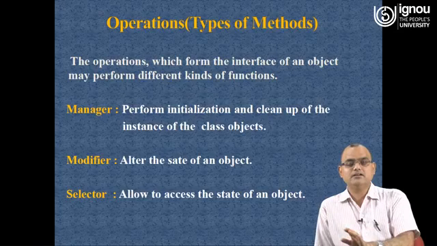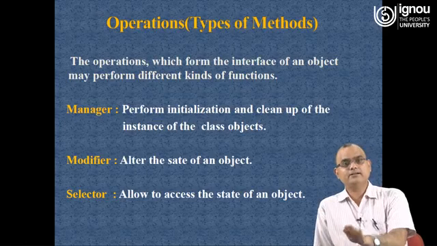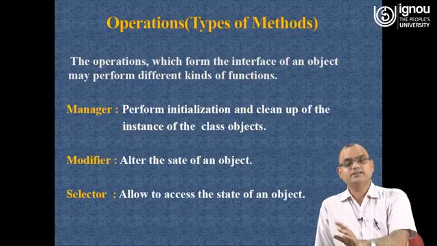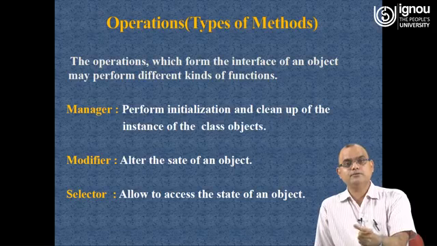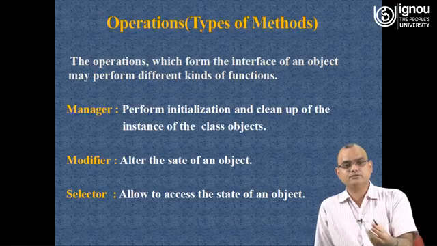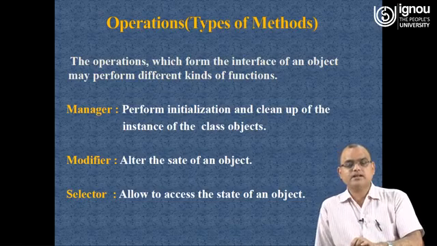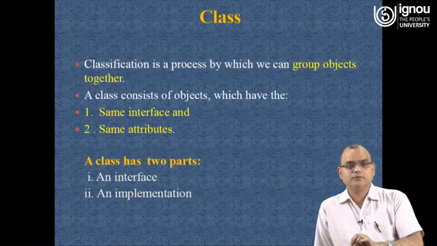Similarly, selector methods are those used to get the information or status of attributes, or the values of different attributes, of that specific object. So the selector method is used to access the state of the object. About the state of the object I will discuss a little more.